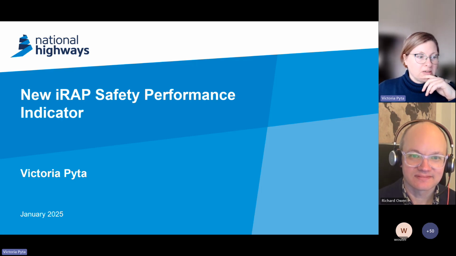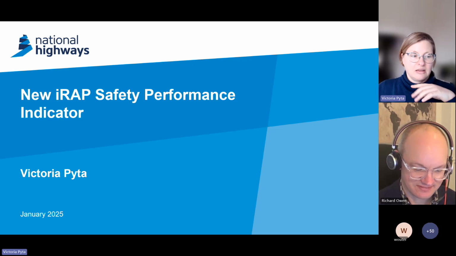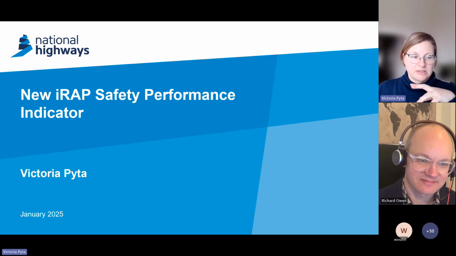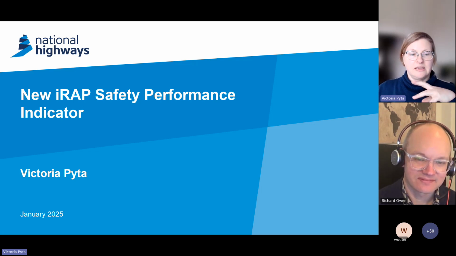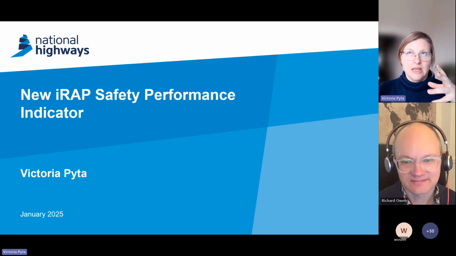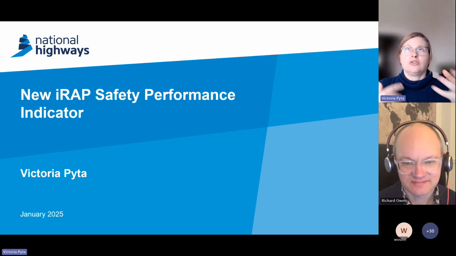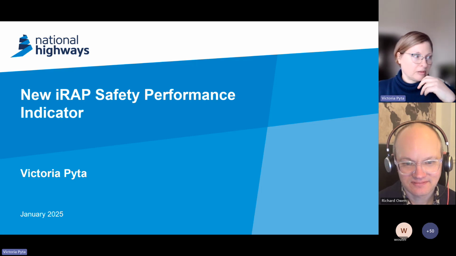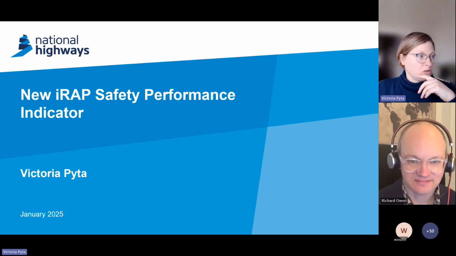So we went through a process of revising this indicator last year. So my presentation is going to focus on that process and the key elements of what we have to do to make this indicator have an impact, and why it's useful to us.